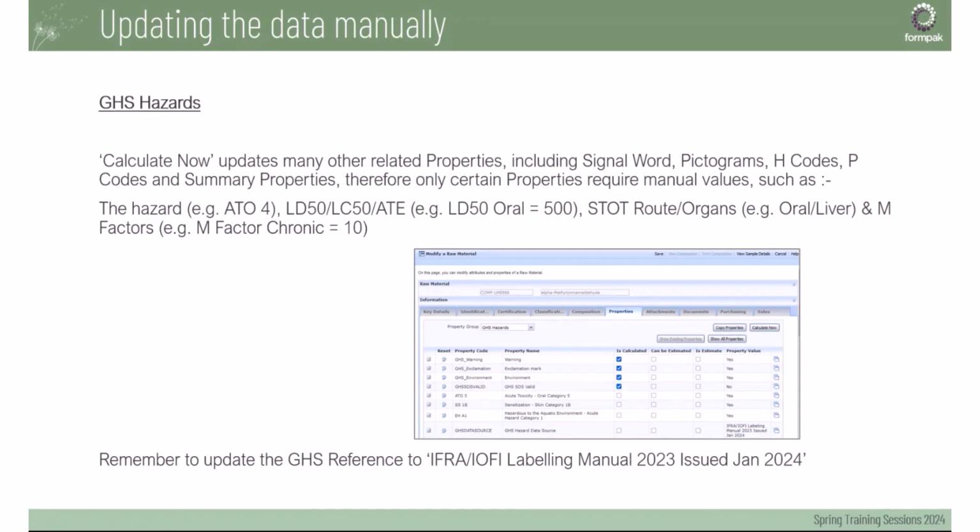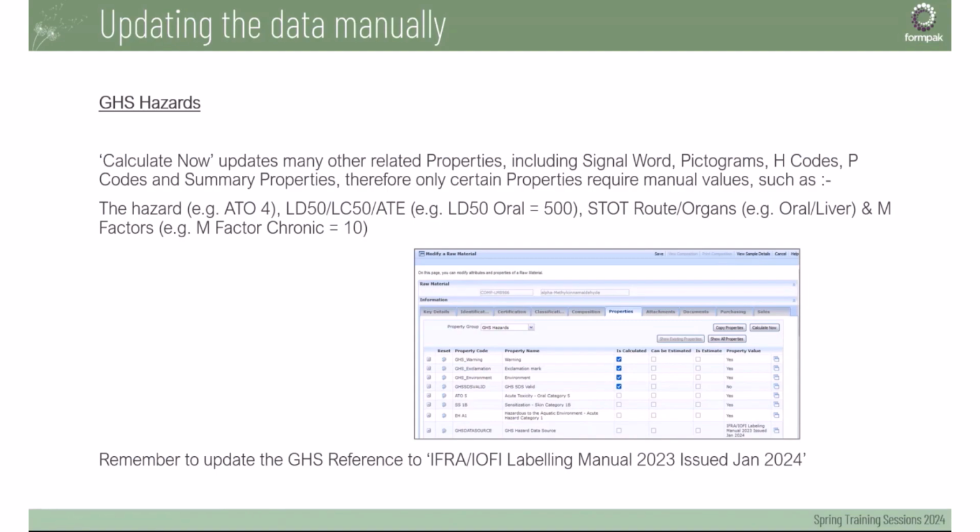So calculate now updates many other related properties, including the signal word, pictograms, H codes, P codes, summary properties. Therefore, we only need to add certain properties from the labeling manual, and many of the others get calculated.